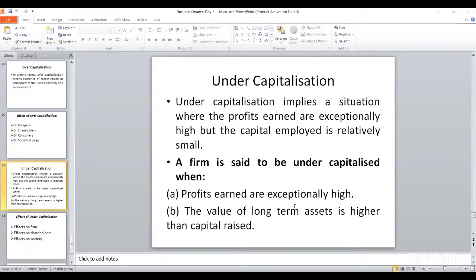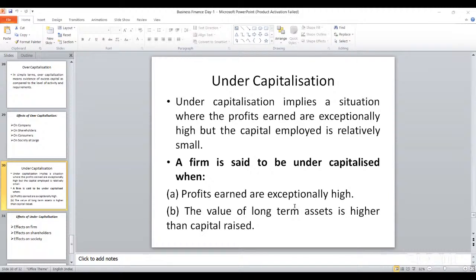So in simple words, the profits you are earning are exceptionally high. For example, if a company is earning a profit of 1 lakh and the expected rate of return is 10%, what is the amount of capitalization? 1 lakh divided by 10% is 10 lakhs. For example, if a firm is raising only 8 lakhs, the actual earnings shall be 12.5% more than the expected rate, because as per our expectation it should be 10 lakhs, but we are getting only 8 lakhs.